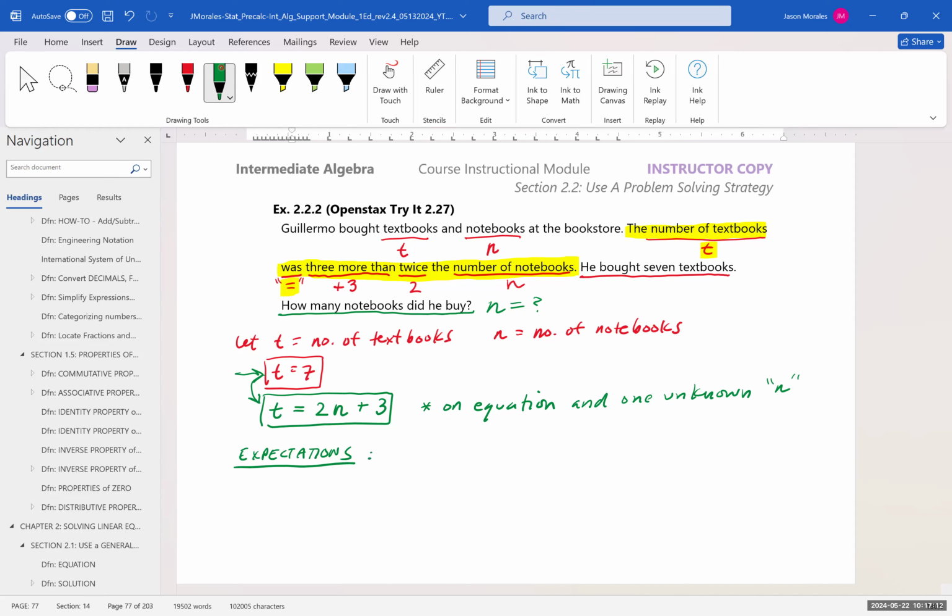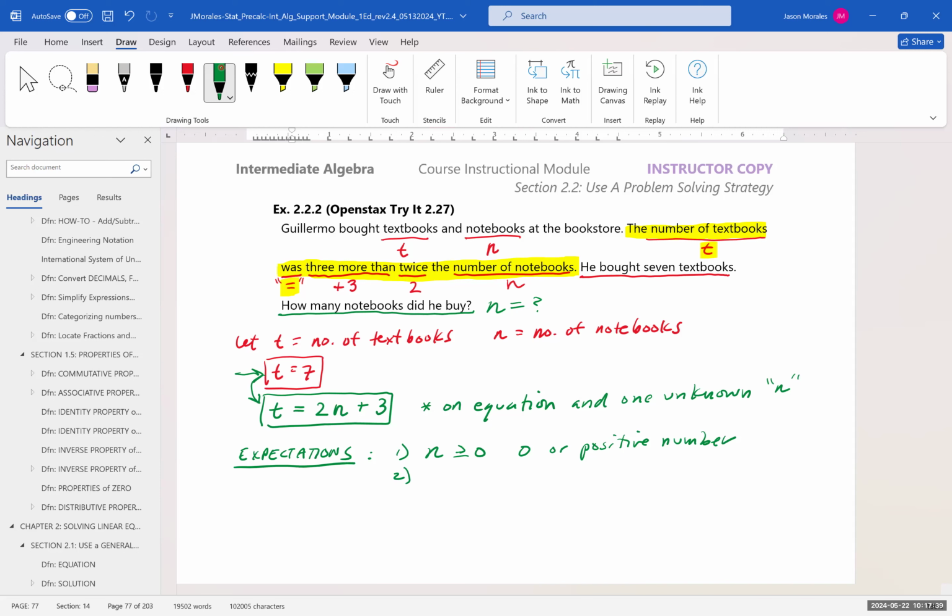So one of our expectations is that we expect the number of notebooks to be greater than or equal to 0, okay, which would be 0 or a positive number. You can't have a negative number of textbooks. I'm sorry, negative number of notebooks. So that's good to know.